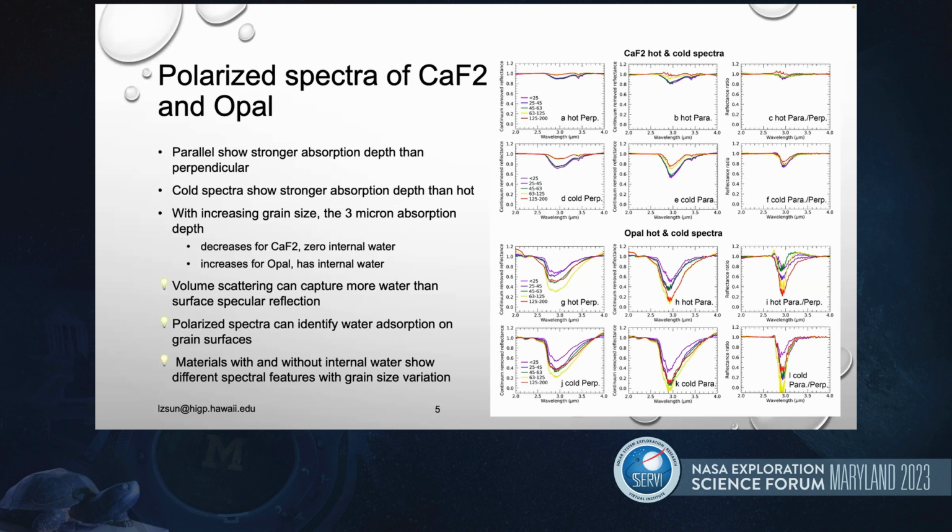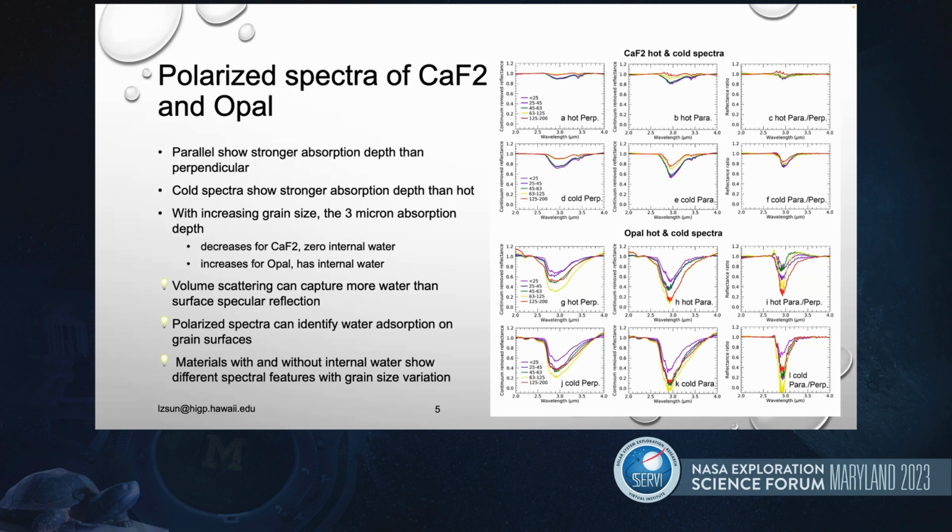First, if you compare the hot spectra in the first row to the cold spectra in the second row, there's an increase in 3 micron absorption, meaning the water increase has been captured. The same thing for the opal sample, if you compare the third row to the last row. We think that's because the volume scattering can capture more water than the surface specular reflection, and the perpendicular branch was diluted by the specular reflection, so it's showing less water content.